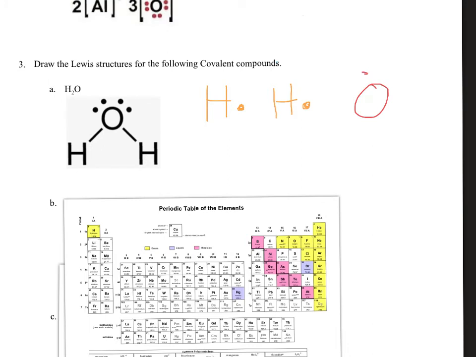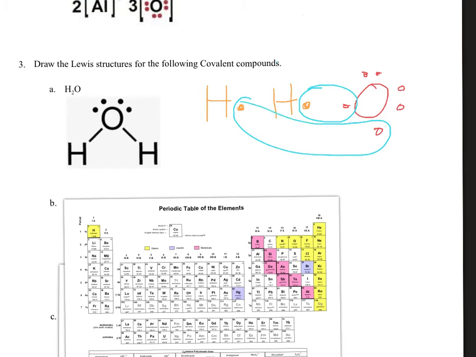So 1, 2, 3, 4, 5, 6. And I see that my next step is I'm going to try to connect them. I think that this pairing of electrons might be shared, and I think then that pairing of electrons might be shared.